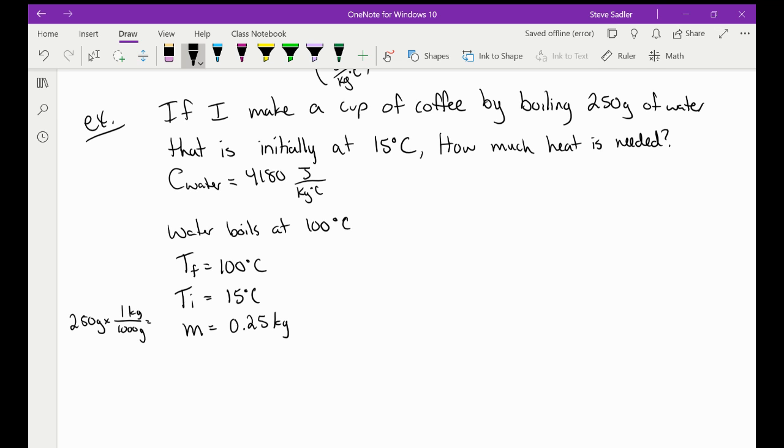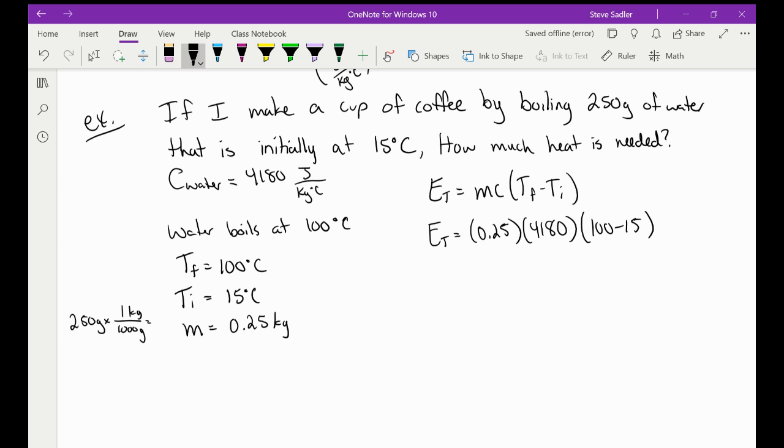And we have the specific heat capacity of water already listed there. So our formula, ET is equal to MC, T final minus T initial. And we can just plug everything in here. The mass is 0.25. Our specific heat capacity, 4,180. And we have final temperature of 100 minus 15.